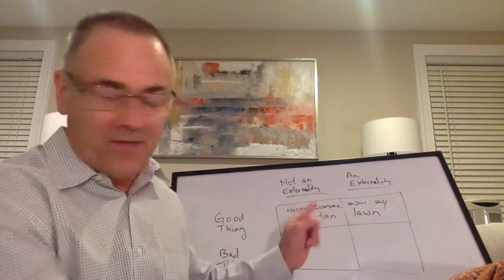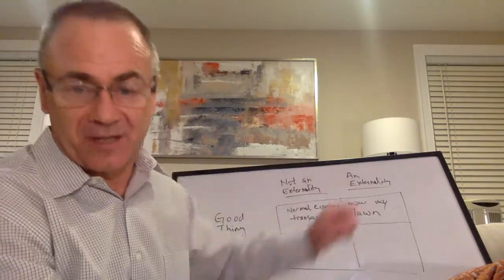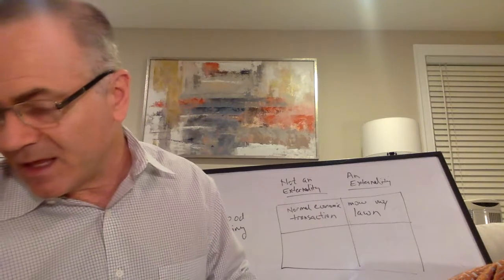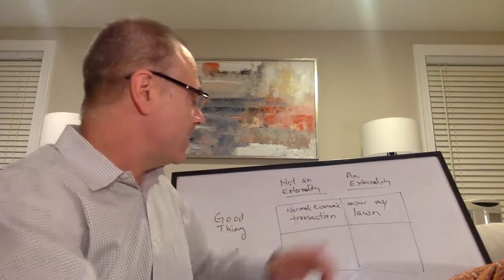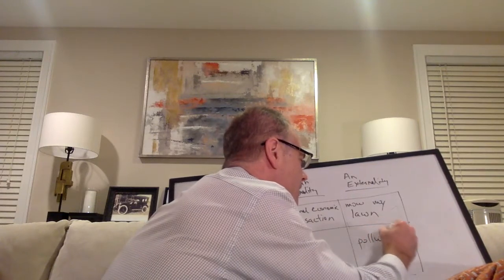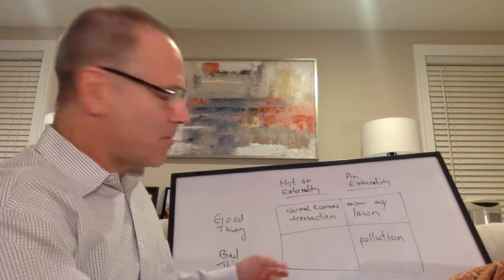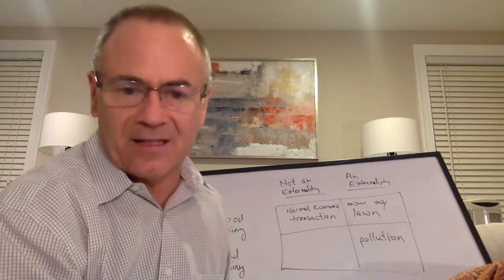If that were the case, it's a good thing and it's an externality. We'd call it a positive externality. Okay, and something that's a bad thing that's an externality: pollution. That's the standard example of a negative externality. There are some things we might call a bad thing that are not an externality.